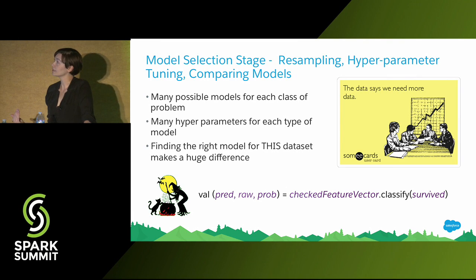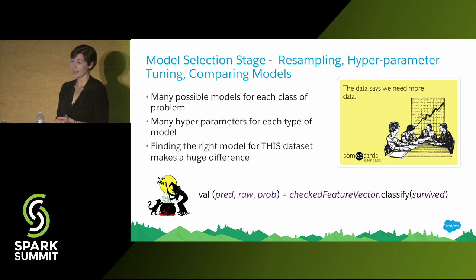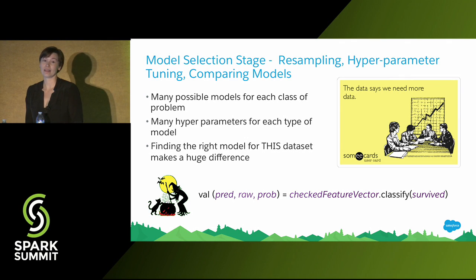Once we've done those checks, then we finally get to the stage that most people think of as AutoML, which is this model selection stage, right? So you have things like hyperparameter tuning, checking different models. If your label is very sparse, you might want to do some resampling. The idea is essentially that when you have many, many different customers with different sizes of data, with different distributions, the same model will not win for all of them.